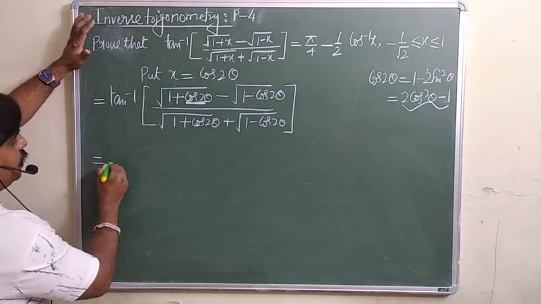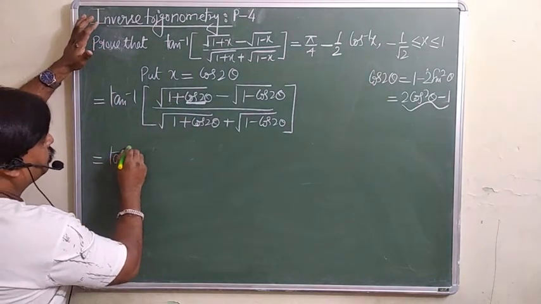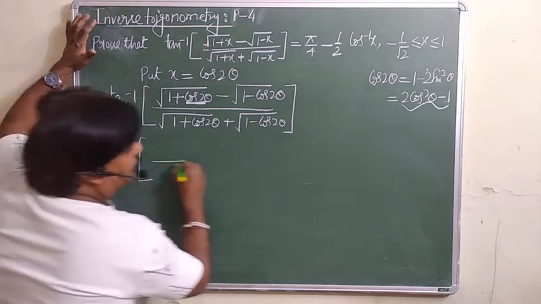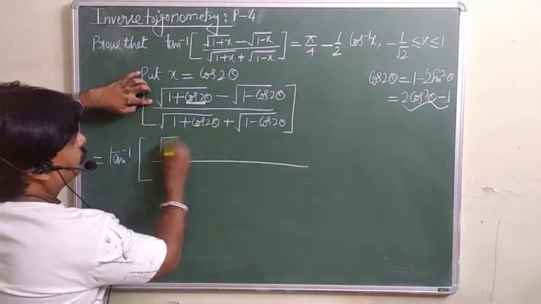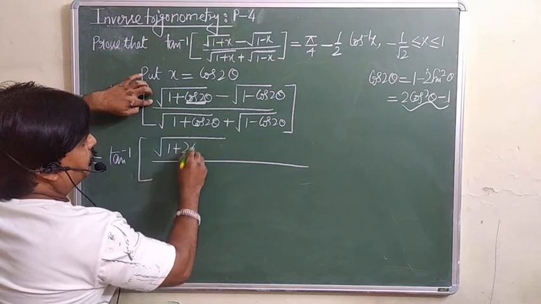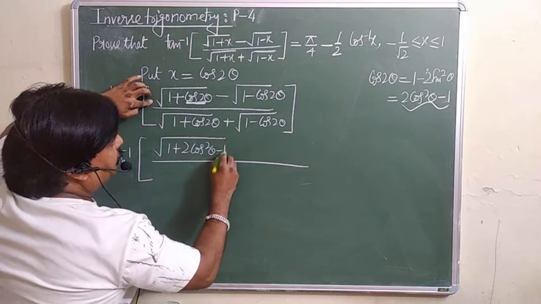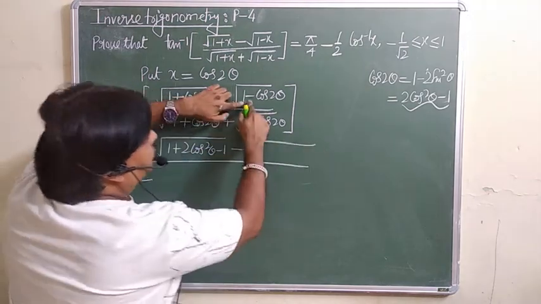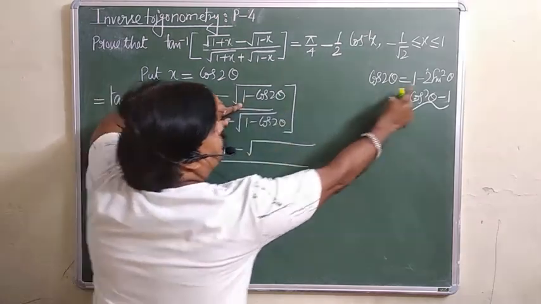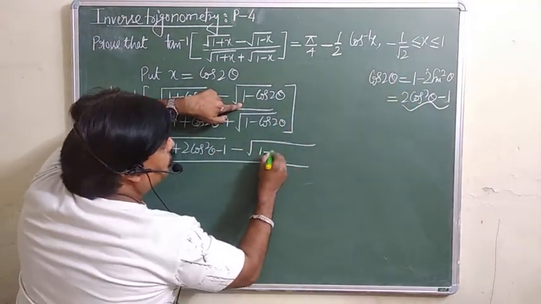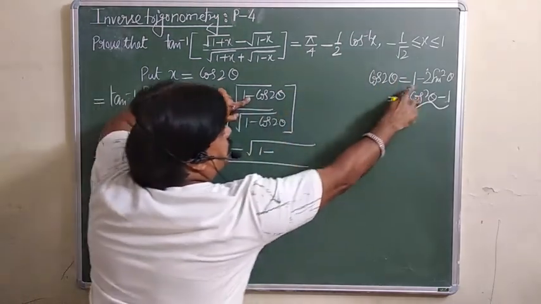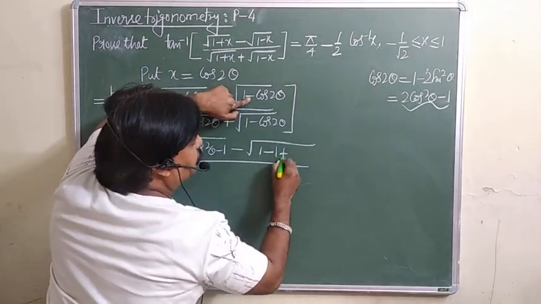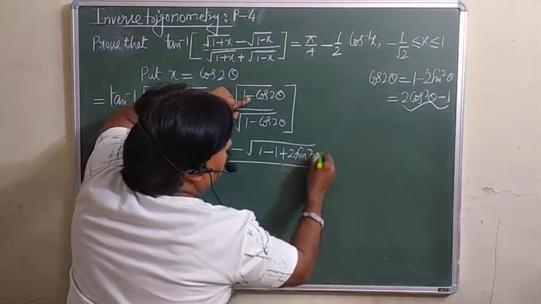So finally you will get tan inverse. Look at here now, this is under root 1 plus 2 cos square theta minus 1, minus under root, because here it is minus, we want to remove this, so you are supposed to put 1 minus, and due to this minus the inside sign will be changed, so minus becomes plus 2 sin square theta.